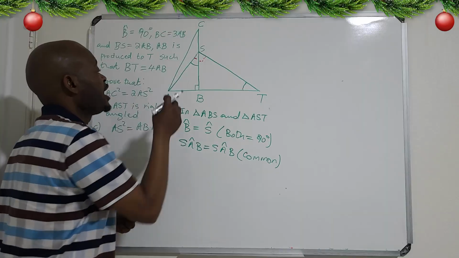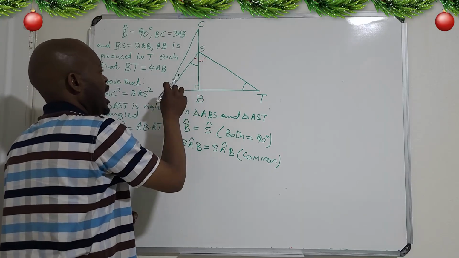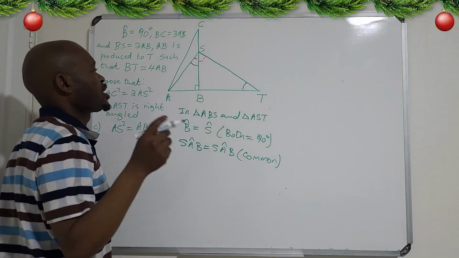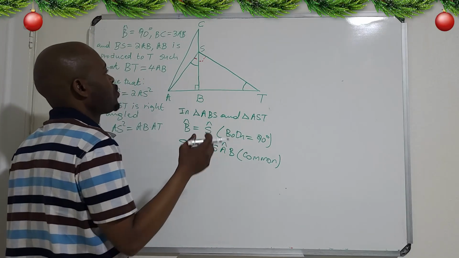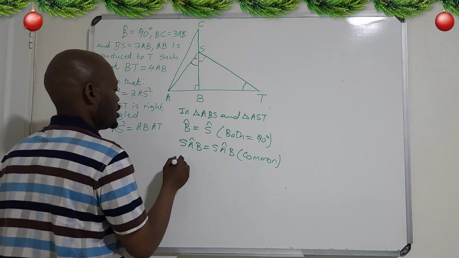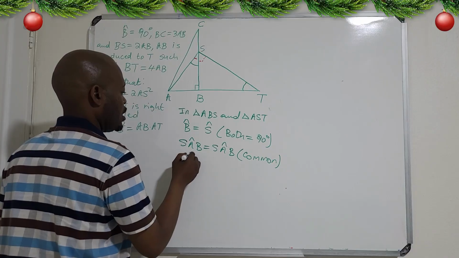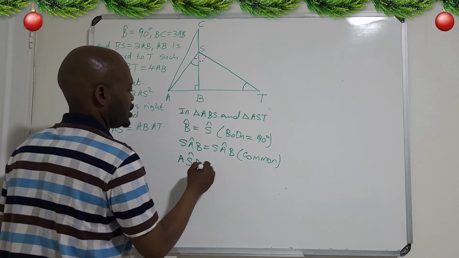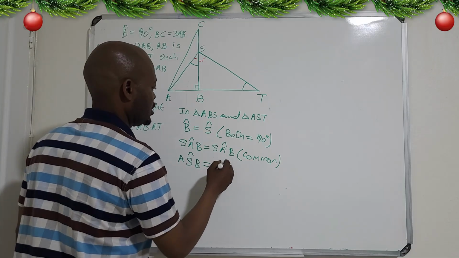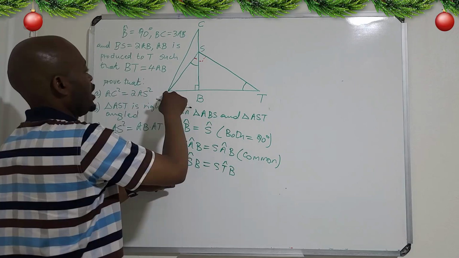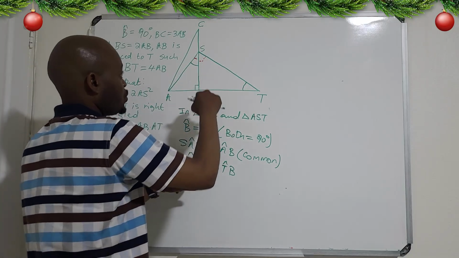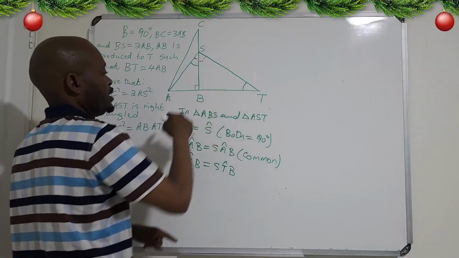Therefore, if this is equal to that and this is equal to that, the last corresponding angles must be equal, which is this angle is equal to that angle. Therefore, angle ASB is equal to angle STB.